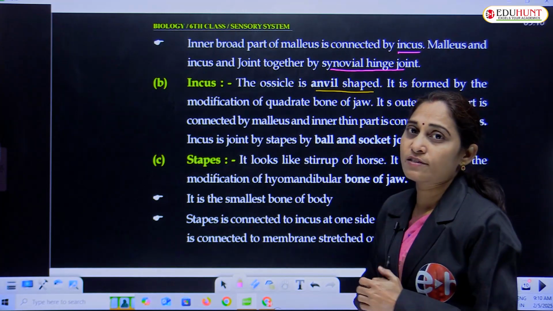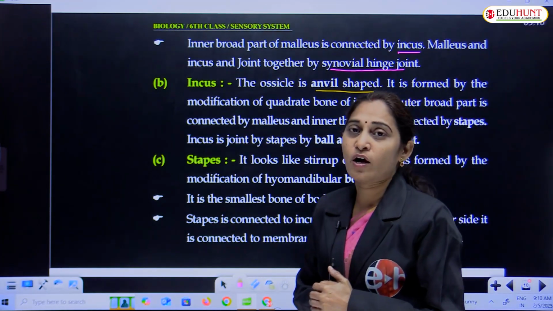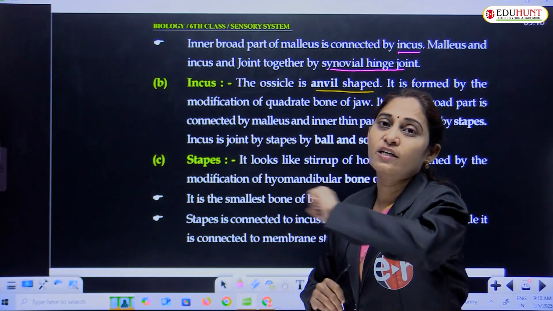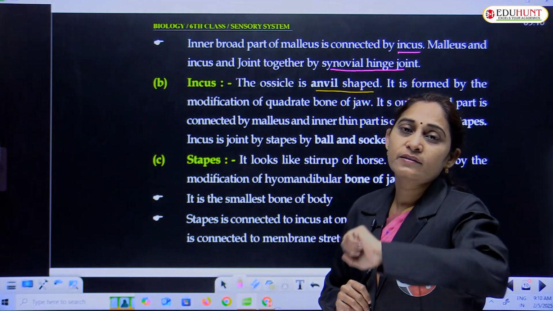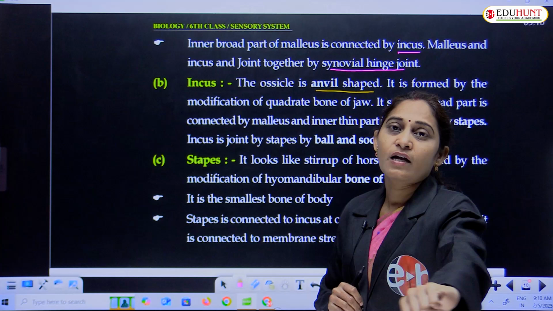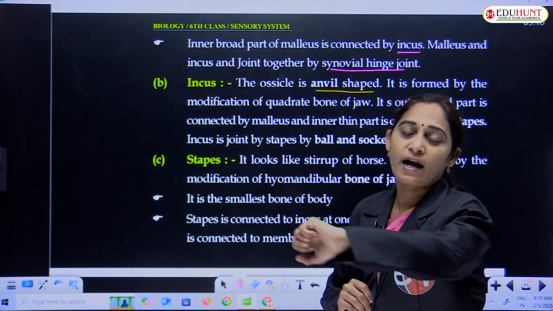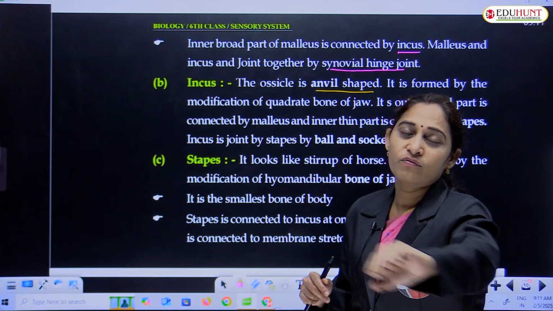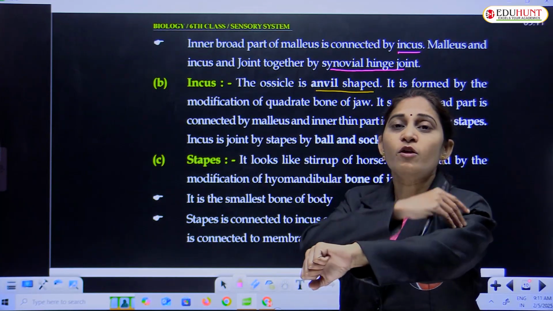The joint has limited movement. What kind of joint is it? It is a synovial joint, like a hinge. How we move our hand, we are able to move our hand with the help of a joint. Only in one direction can we move; the movement is restricted on the opposite side.